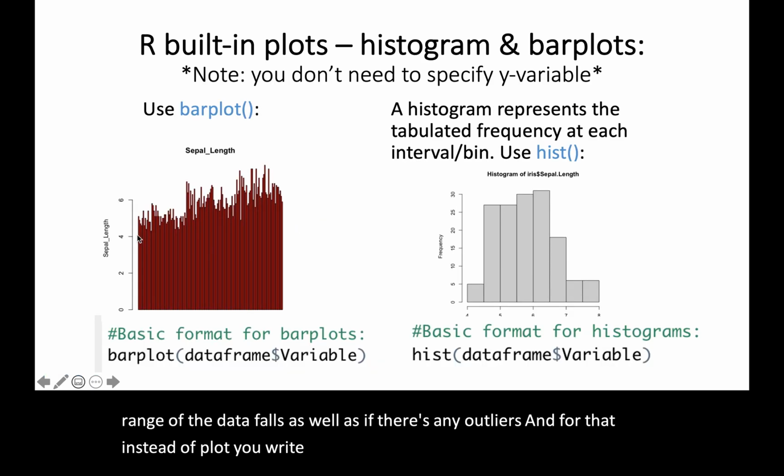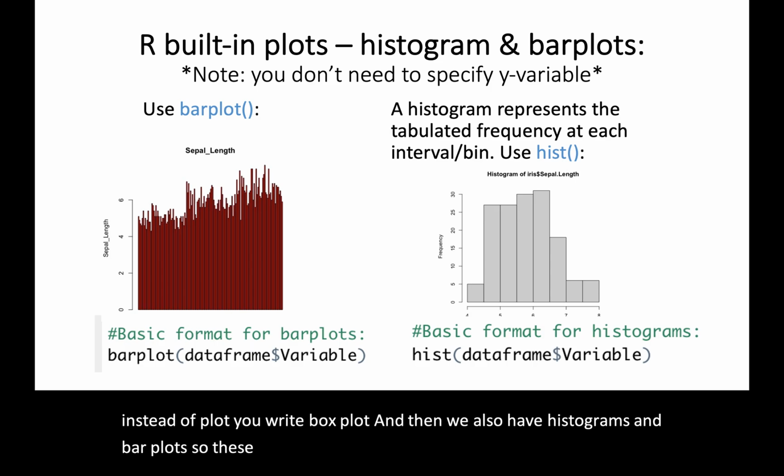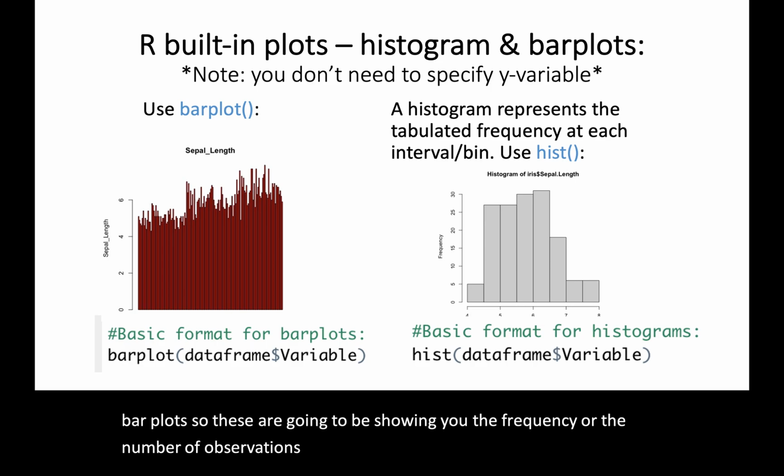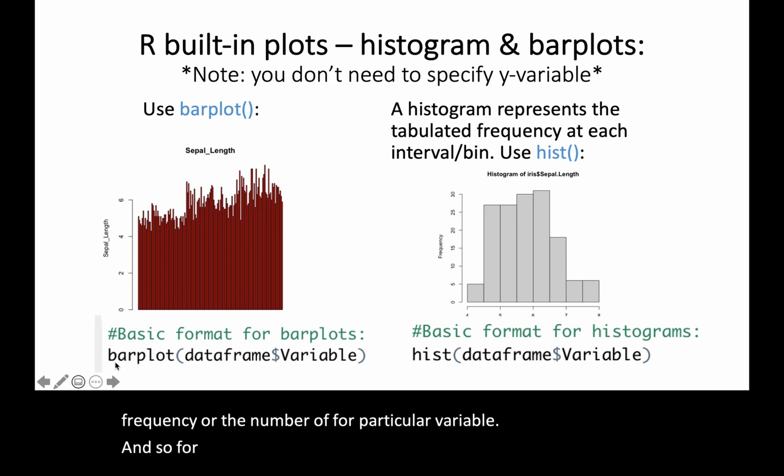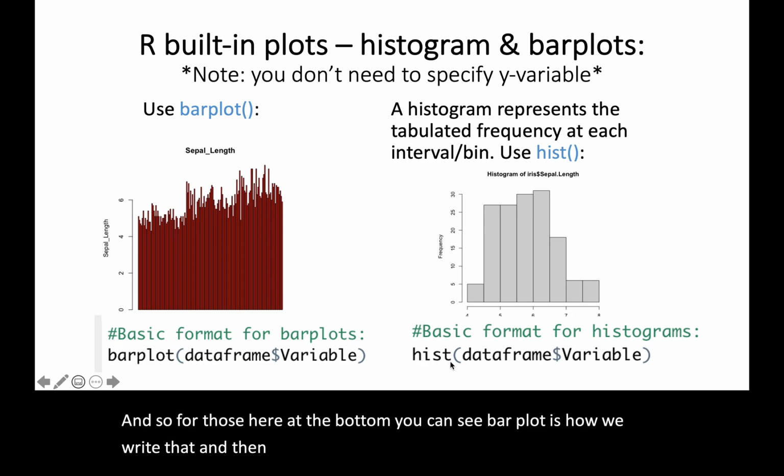And then we also have histograms and bar plots. These show you the frequency, or the number of observations, for a particular variable. For those, here at the bottom, you can see barplot is how we write that, and hist would be for histogram.